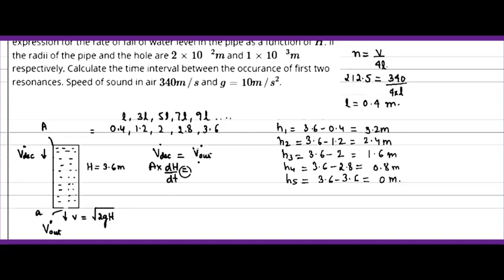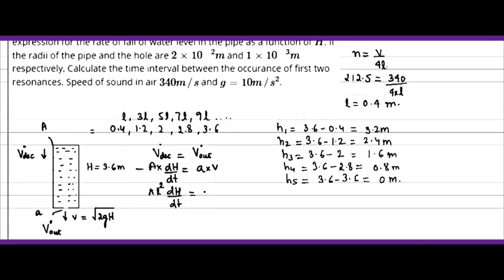This will be equal to the volume flow rate out, which is a into velocity v. Now A, we do not know the value of A, so we can write pi into capital R square because we know the radius. This will be dh divided by dt. We need to also put a minus sign here because this is a decrease in volume, so for dh by dt we have to put a minus sign here.